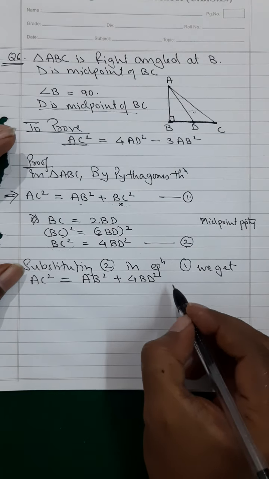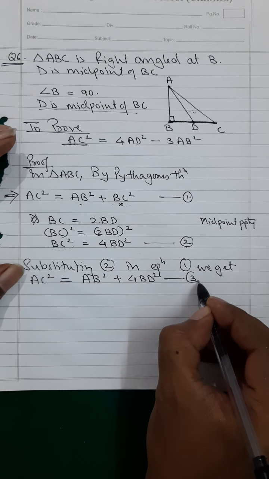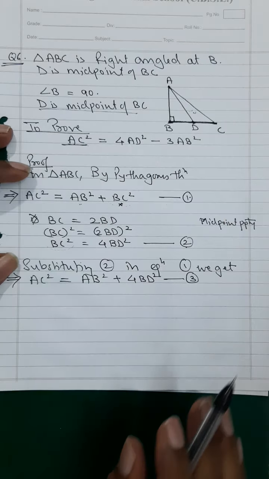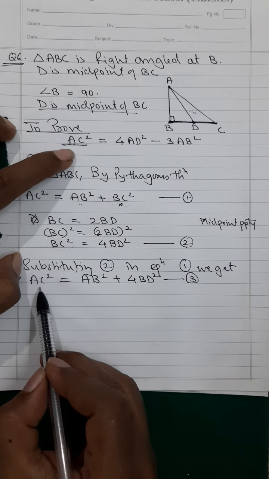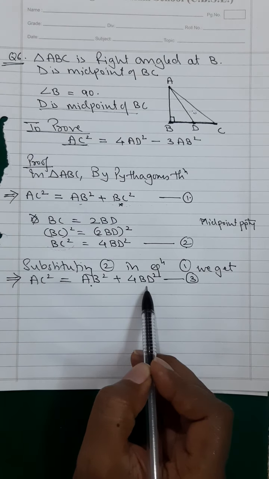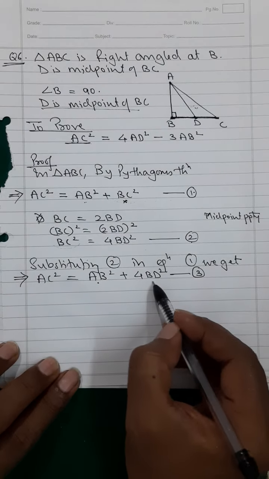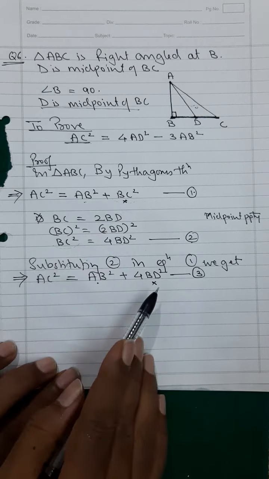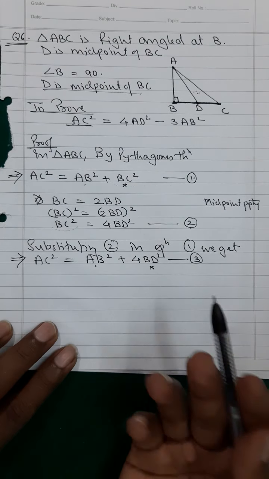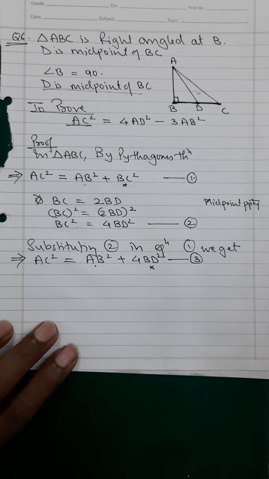This has become my third equation, and now this is my main equation. Now this is no more my main equation, this is over. But now if I see AC square, AB square is required, BD square is not required. I have changed from BC square to BD square, but BD square also is not required. So I will have to again see whether I can find an expression for BD square.